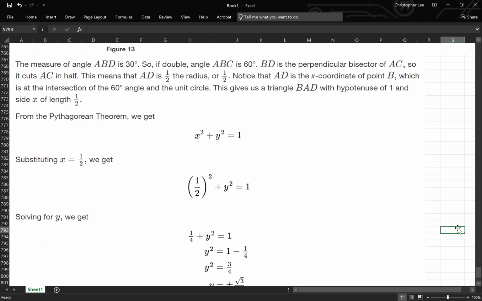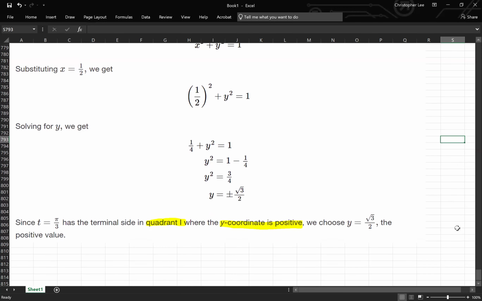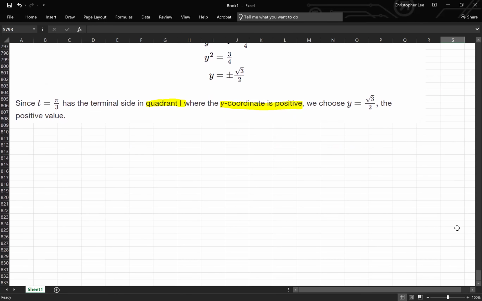So from the Pythagorean theorem, we get x squared plus y squared equals 1. We're going to substitute x equals 1/2 into this, then solve for y. So 1/4, we're going to subtract that. Since pi/3 has a terminal side in quadrant 1 where the y-values are positive, we'll choose y equals square root 3/2, the positive value.